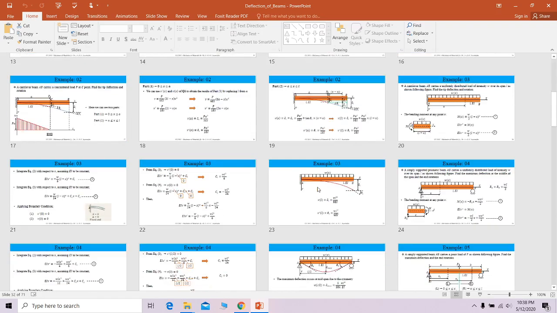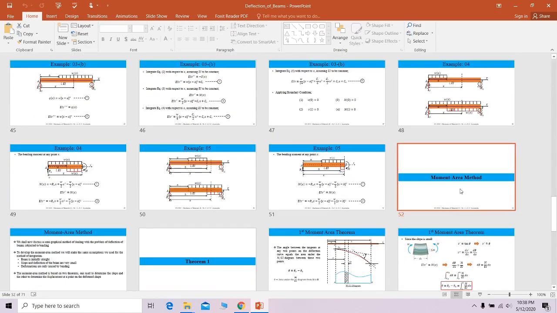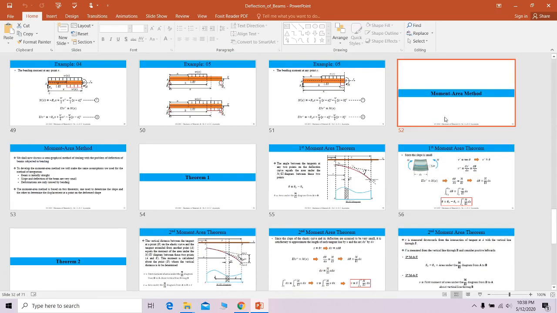But in the moment area theorems, there are two theorems: theorem 1 is used to get rotations, and theorem 2 is for deflection. With these we cannot obtain a continuous varying equation; we can only obtain deflection and slope at any specific point of the beam.